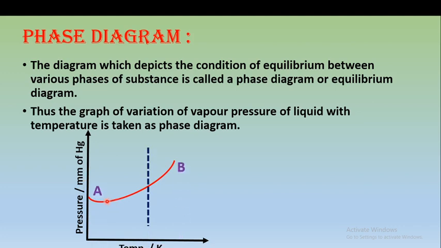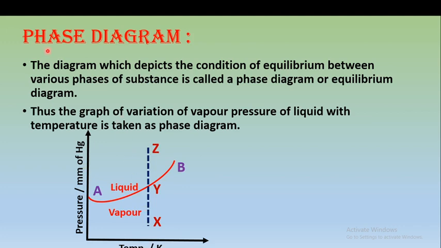We have considered one phase diagram, and here we have considered two phases that are in equilibrium with each other, that is liquid and vapor, in equilibrium with water. The starting point of this curve is A and the end point is B. We have to study in detail the actual meaning of all these things: liquid, vapor, and equilibrium between these phases.